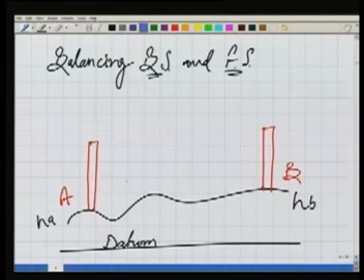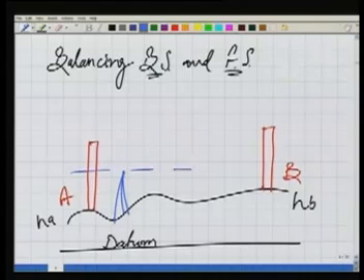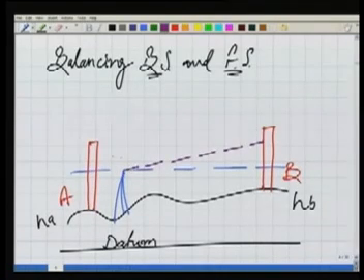Now we have seen the problem of non-parallelism. This is the ideal case, the blue line is the ideal case, while this is the case of the error. If my instrument has got this error of non-parallelism, I will be taking the observations at RA dash and RB dash. We have seen this.